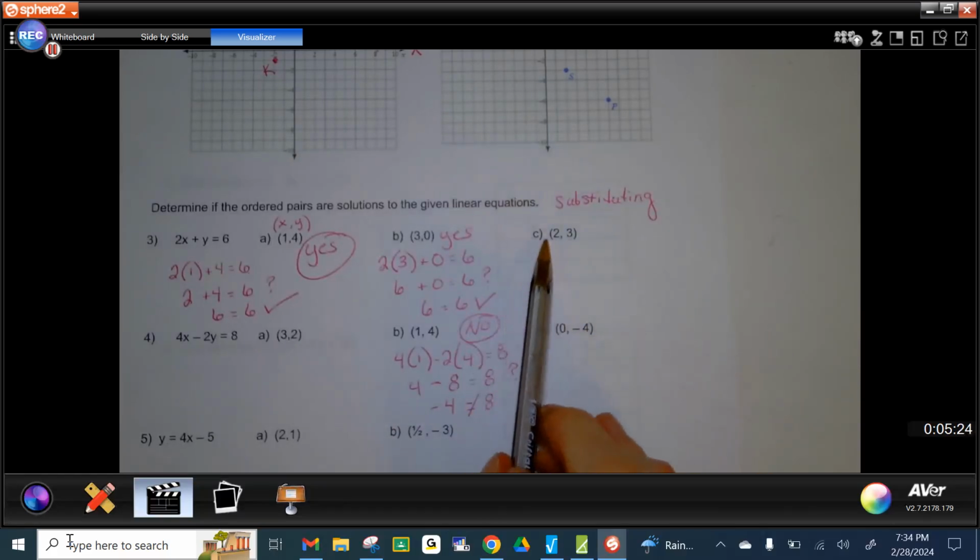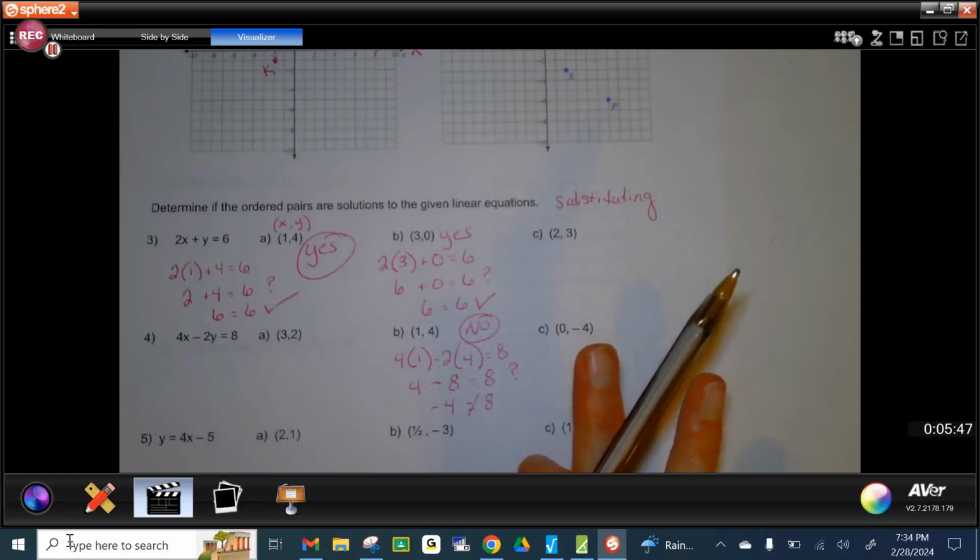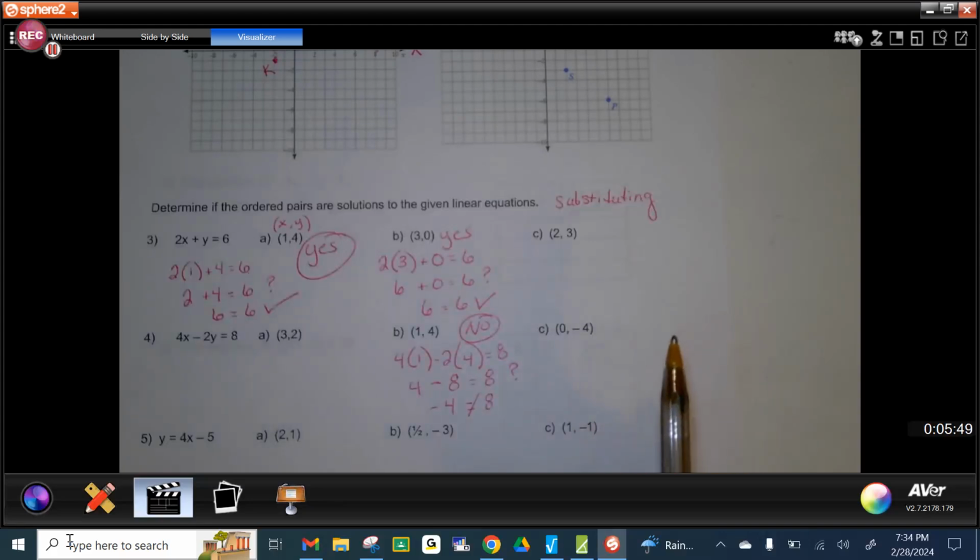So when you put these values into the equation, if it makes a statement that isn't true, it's not a solution. Okay? So you're going to try doing this again now with 3 for the x and 2 for the y, and then you're going to put 0 in for x and negative 4 in for y and see what you get.